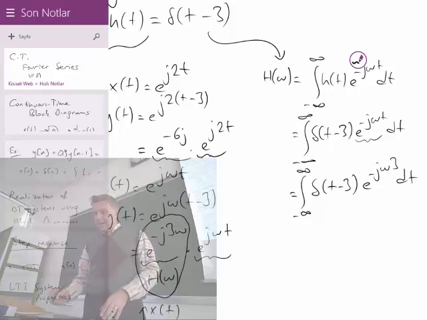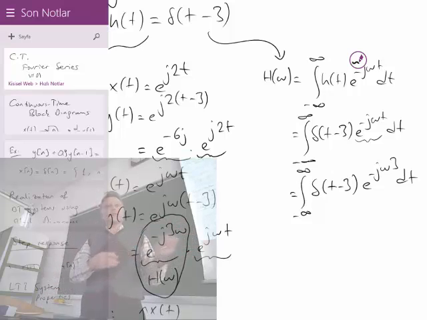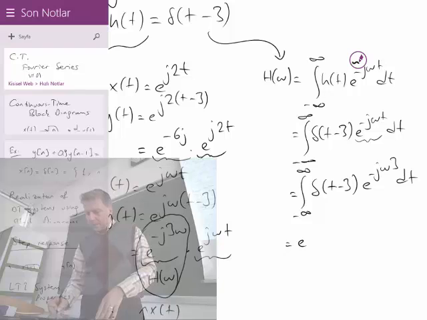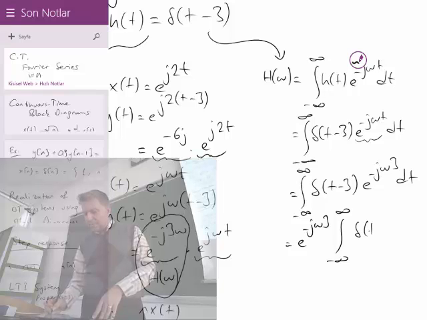Okay? And since the only scaling factor is appearing at t equal to 3, we will have an e to the minus j omega 3, which is independent from t, and therefore it can be taken out of the integral. E to the minus j omega 3 times the integral from minus infinity to infinity of a shifted impulse.